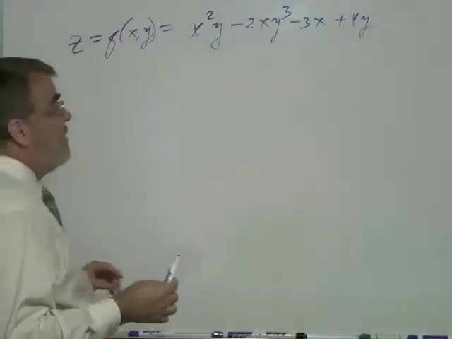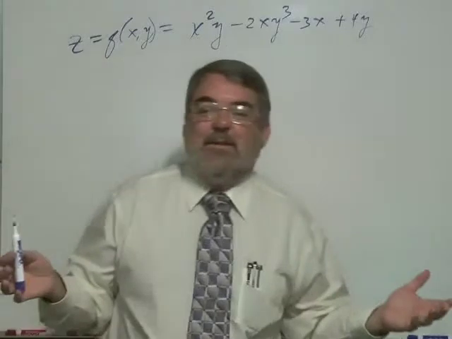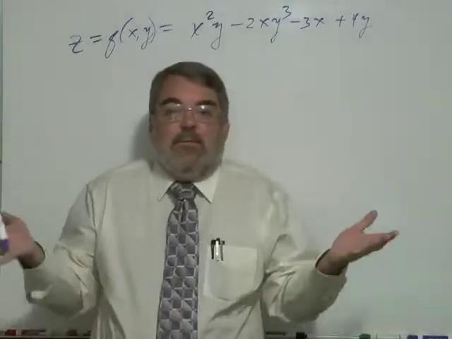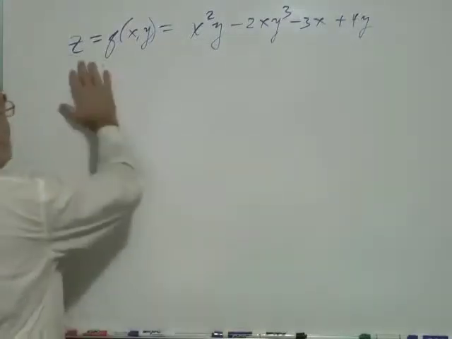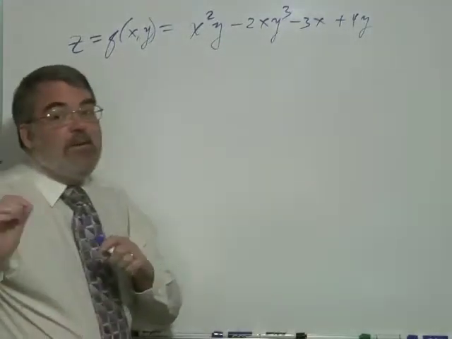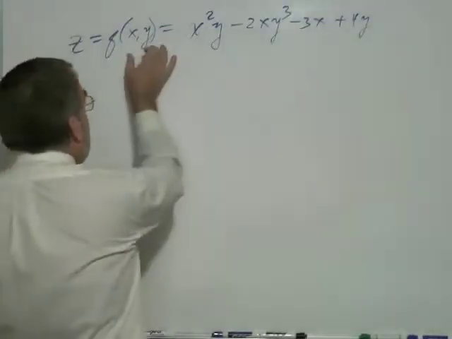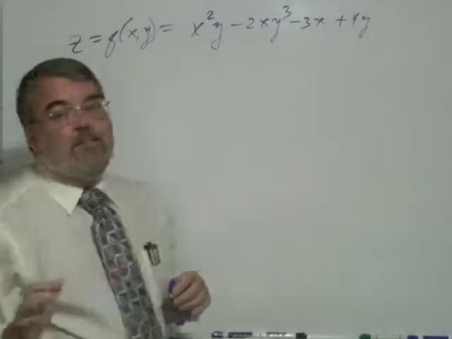But multivariate functions have derivatives, but now it becomes complicated to think about a derivative. How would you do a derivative? Because this is a three-dimensional object. I have two independent variables, or input variables, x and y, and my output variable is z.